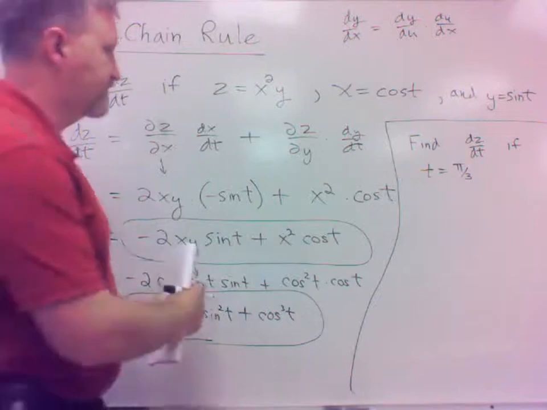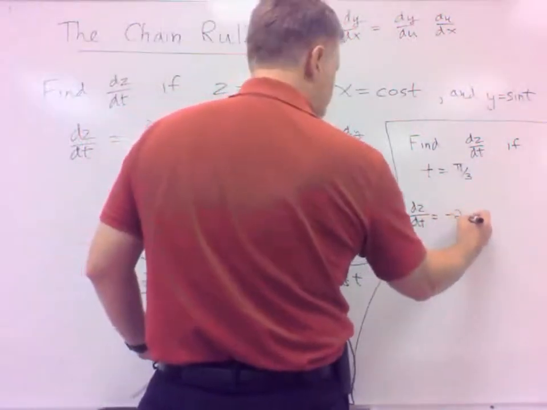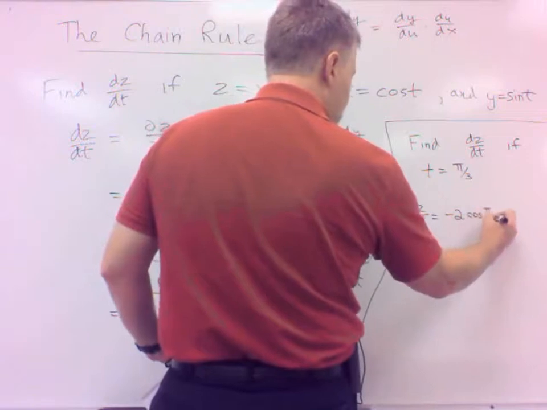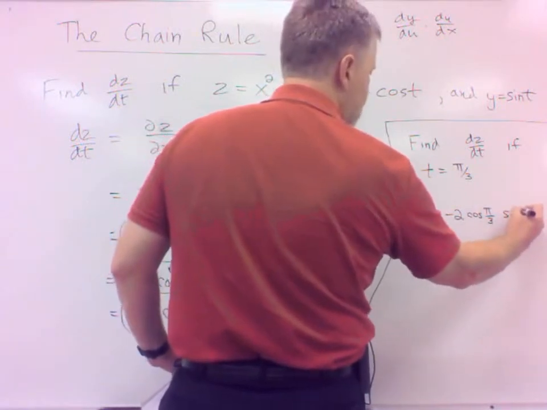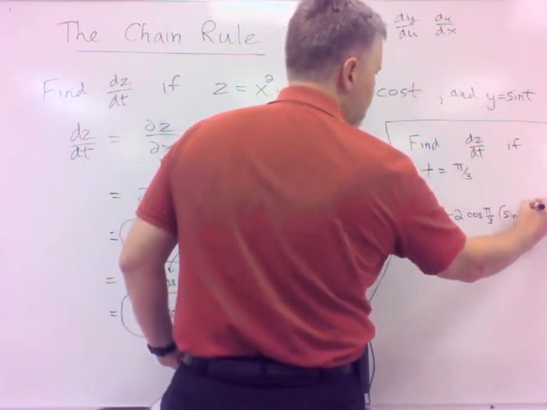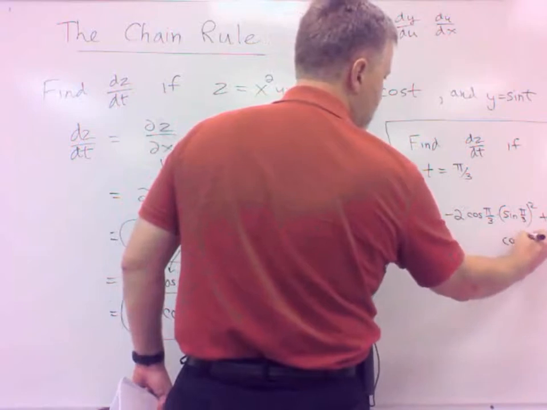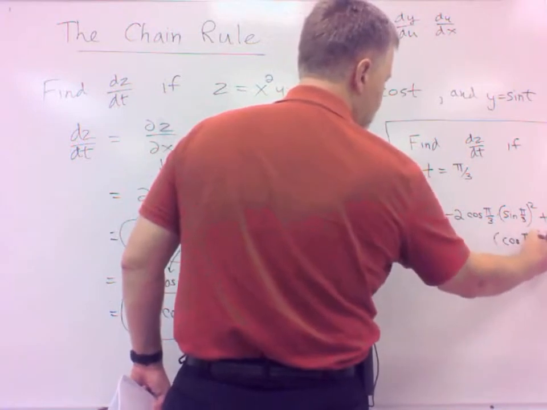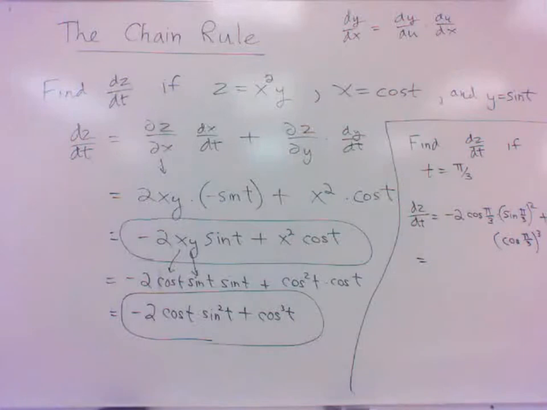It would be -2 times the cosine of pi over 3 times the sine of pi over 3 squared, sorry, plus then the cosine of pi over 3 cubed. Yeah, so it's just a matter of plugging in then, isn't it?